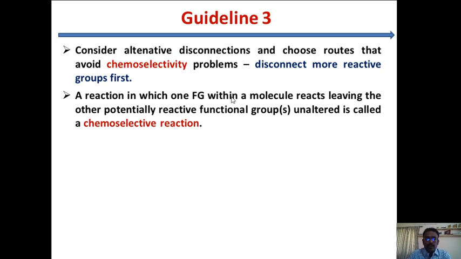What is meant by chemoselectivity? A reaction in which one functional group within a molecule reacts, leaving the other potentially reactive functional groups unaltered, is called a chemoselective reaction. That means if you have two functional groups in a molecule, when you do a reaction, the reagent selectively attacks one functional group and not the other.